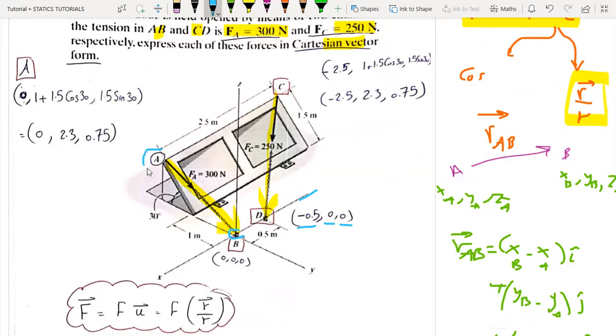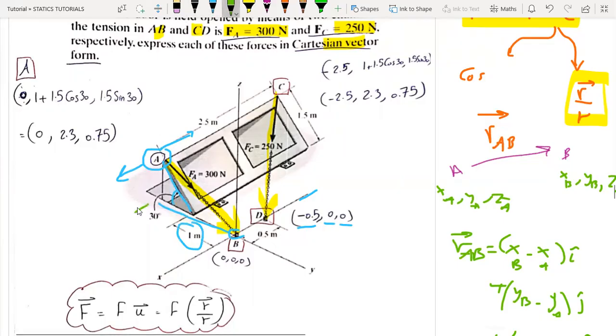What about the point A? Here we can notice it didn't move in either the positive x or the negative x direction. What about the y? It has moved this distance, which is 1 meter plus what? 1.5, which is this length, cosine 30.